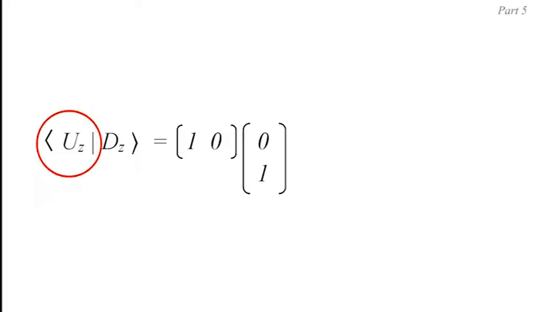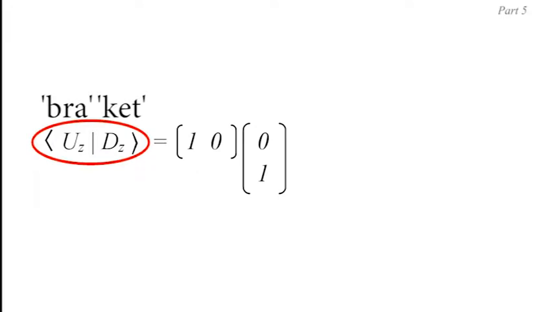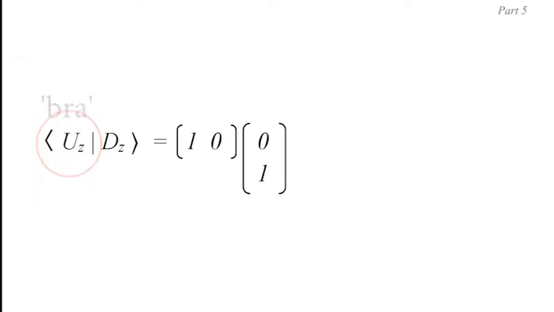This different way of writing the up state is called the bra vector, and it goes with the ket vector in this kind of product or multiplication to form what you might call the bra ket, which comes from the word bracket. It's written like that, in that backward way, just in case there are imaginary numbers in the state representation, in which case we would need to treat things slightly differently.